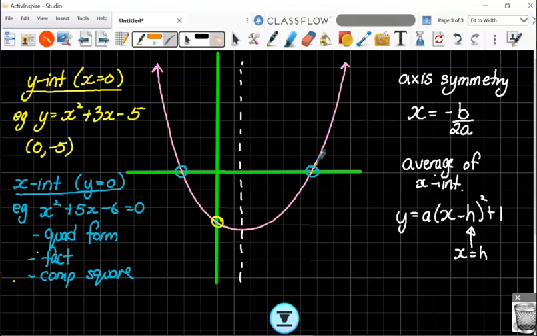Another thing. It is in fact, yep, the vertex. You were thinking it, yep. And how can we find our vertex? Got two options. Come on.